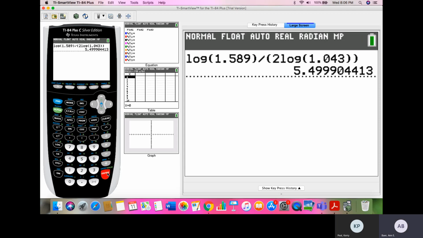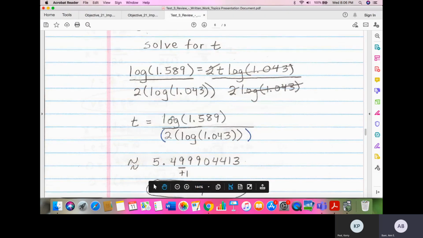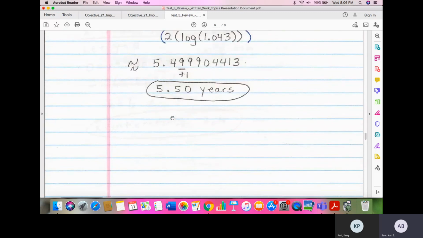I'm going to hit enter now, and I get 5.4999, which is what we got over here. It says in this problem to round to 2 decimal places. So we look at this digit. We have a 9. That's 2 decimal places.